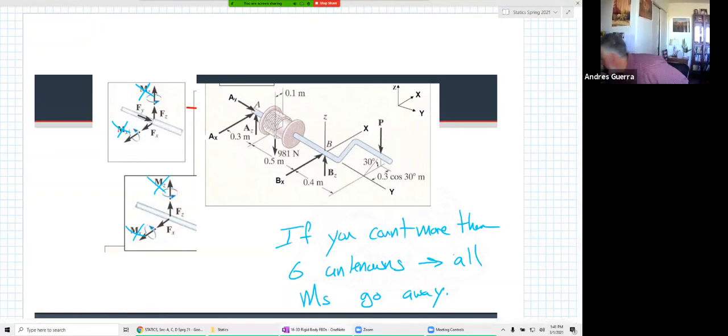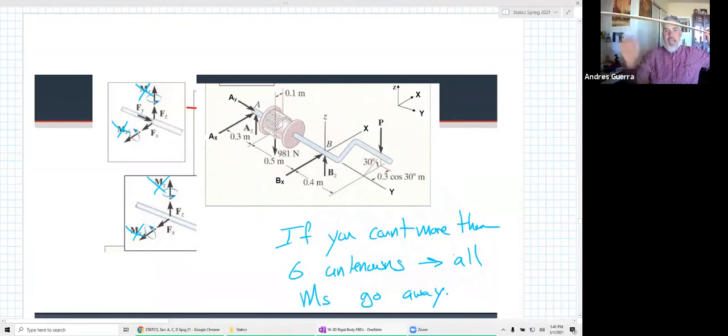Now, the reason is because, let's think about this as an A. Let's say my hand right here is point A. And this over here is point B. And I've got this force down in the middle. Now, I can hold this thing up at point A if I resist a moment.